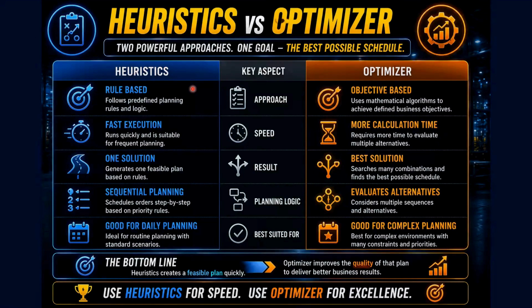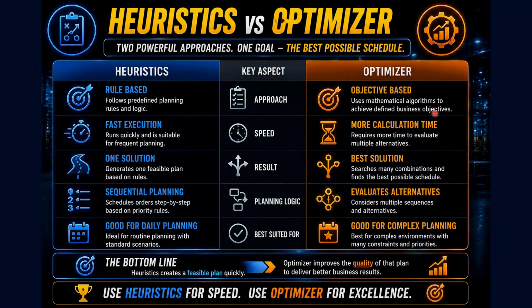Heuristics versus optimizer. This comparison is very important. PPDS heuristics are rule-based. They execute predefined planning logic and quickly generate a feasible production schedule. Their biggest advantage is speed. The optimizer works differently. Instead of following a fixed planning rule, it evaluates multiple scheduling alternatives before selecting an improved production sequence.